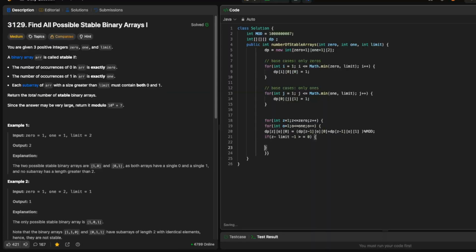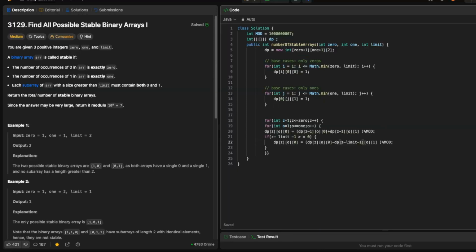So for that, let me copy paste from here. Initially we have calculated this value for z minus 1 zeros, then we have to subtract it. As we discussed, it's going to be limit minus 1, and 0, and it's going to end with a 1.